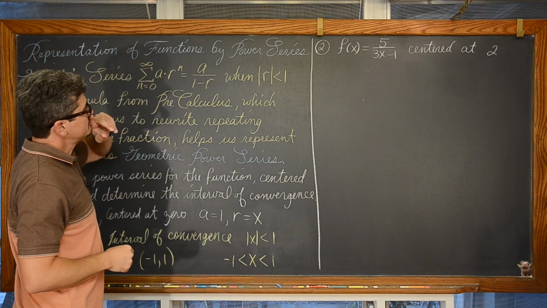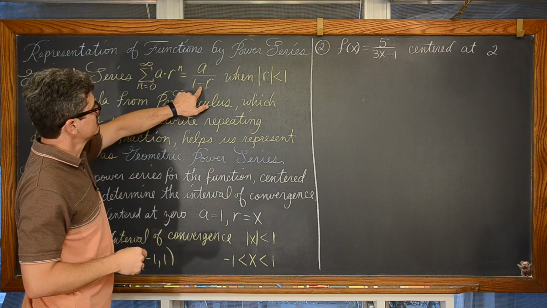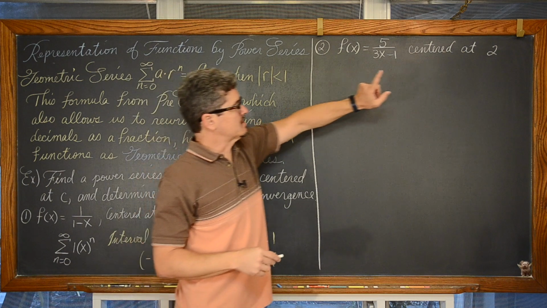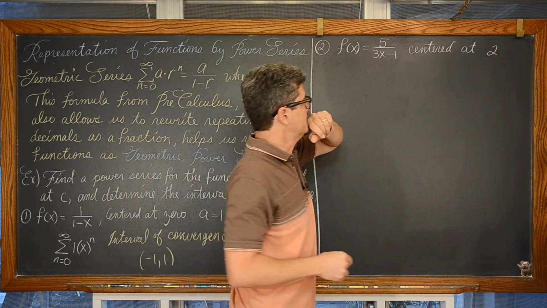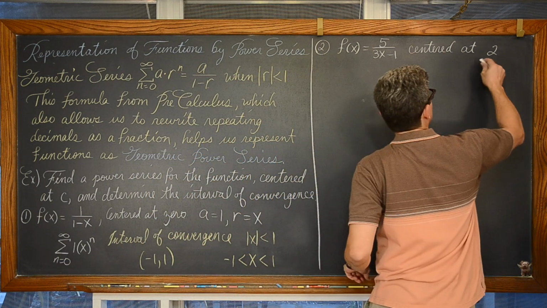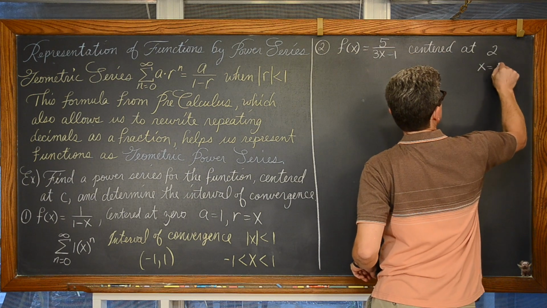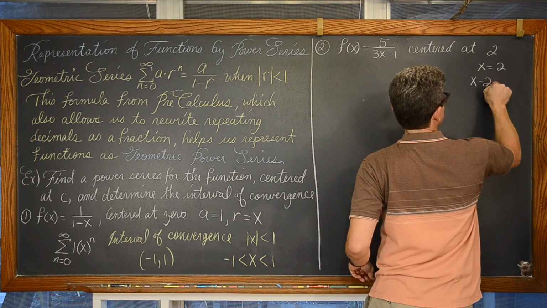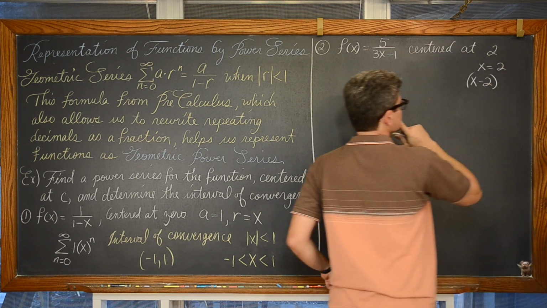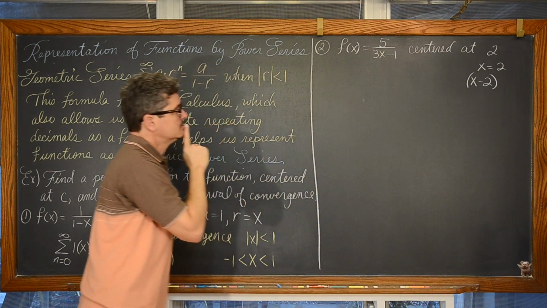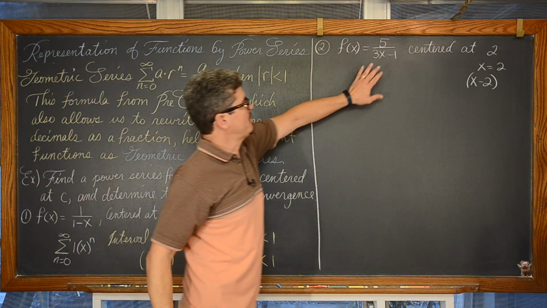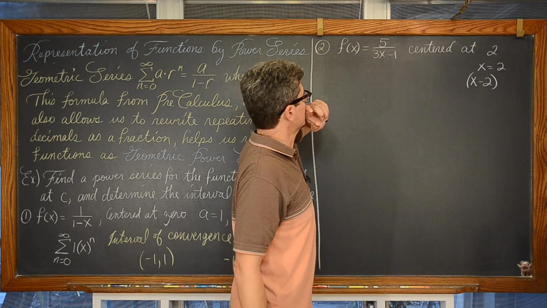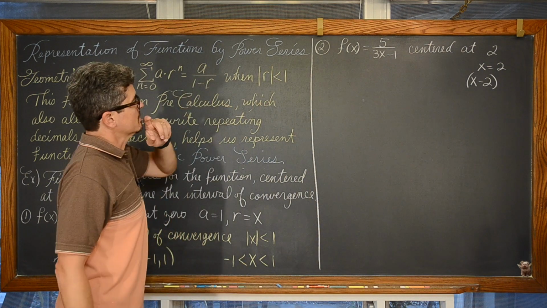Okay, well, we also need it to be centered at 2. So we need our geometric series centered around x equals 2, or x minus 2. We need an x minus 2 pattern to show up in this denominator, basically in the second term.